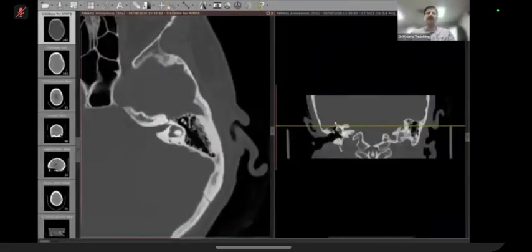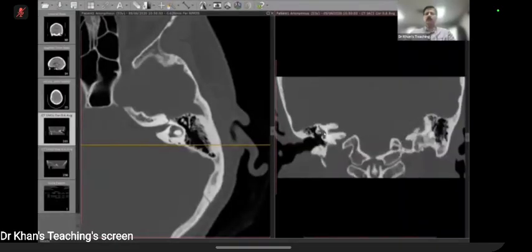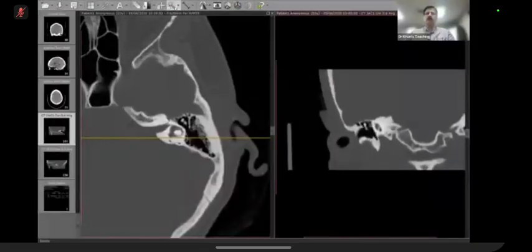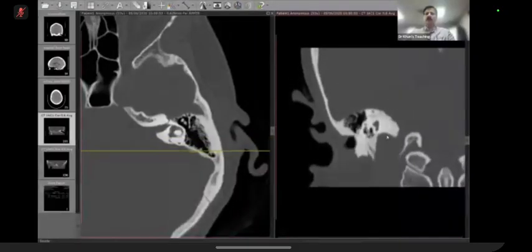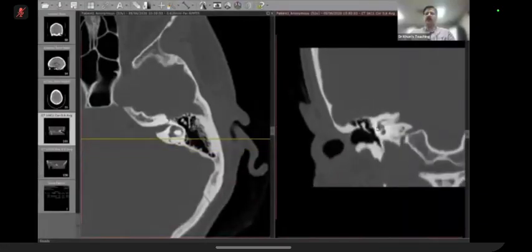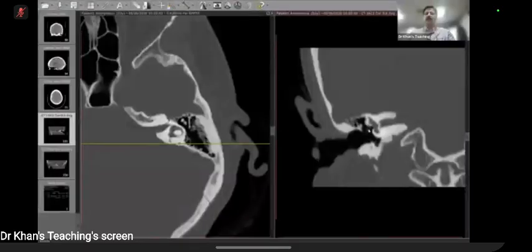So let's see it once again on this sagittal sequence. We can see that this is the lateral semicircular canal, and this was the scutum. Superior to the scutum, this is the epitympanum.